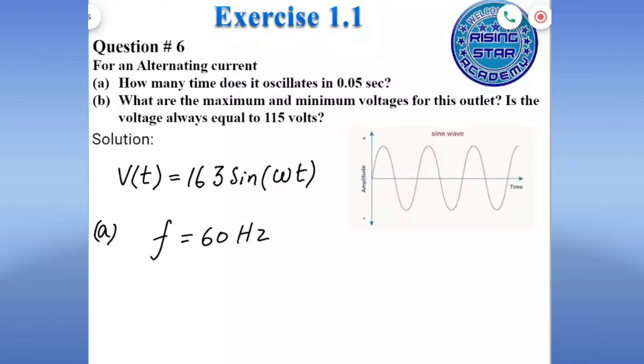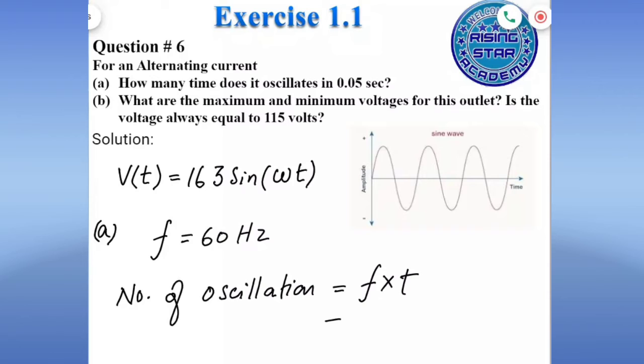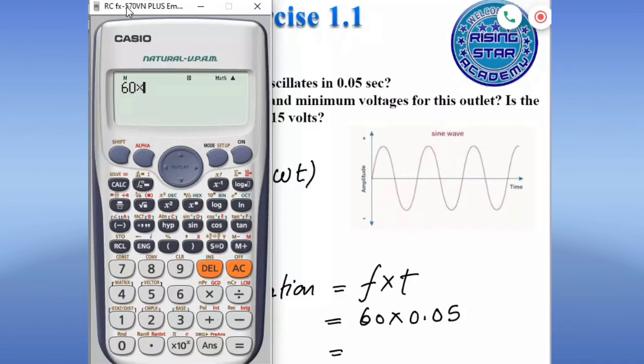If we want to find the number of oscillations, we will multiply frequency with the given time. So that would be 60 multiplied by 0.05. So I would use the calculator to simplify.